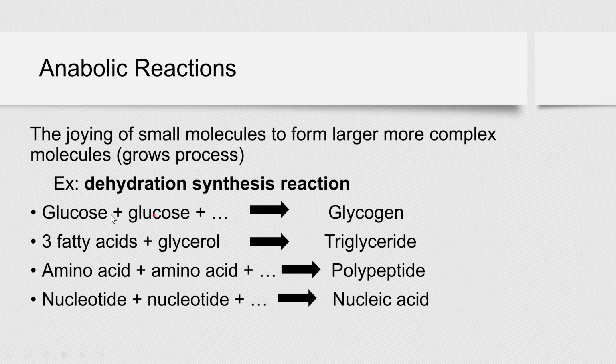It's a fuel. But extra glucose, your cells will attach to one another, forming the larger polymer glycogen, and you store it for future use. Also, 3 fatty acids plus glycerol will make triglycerides, that is fat, right?